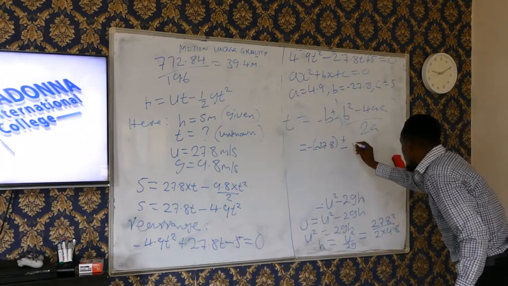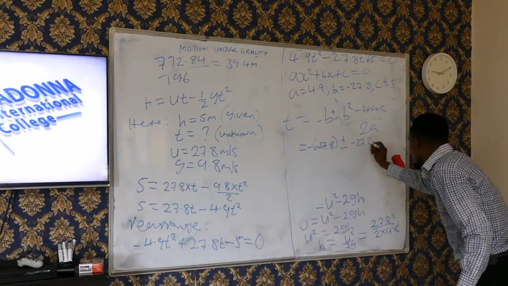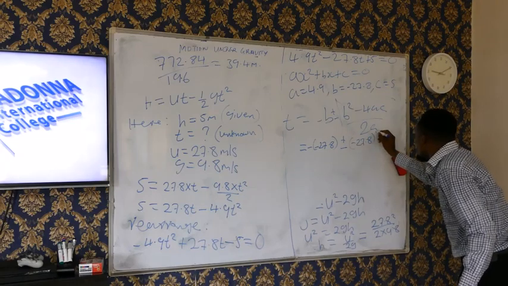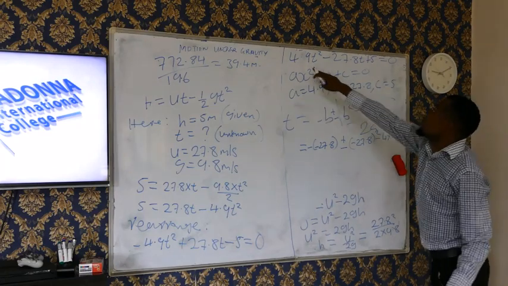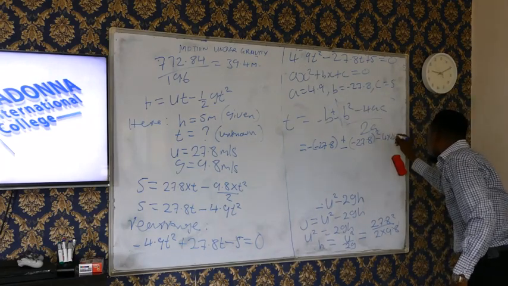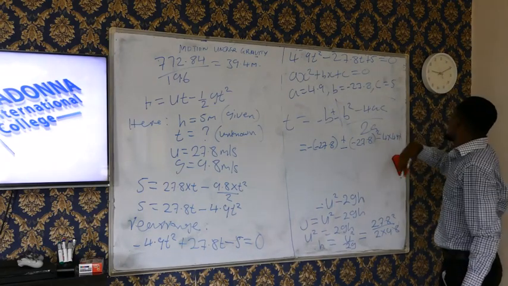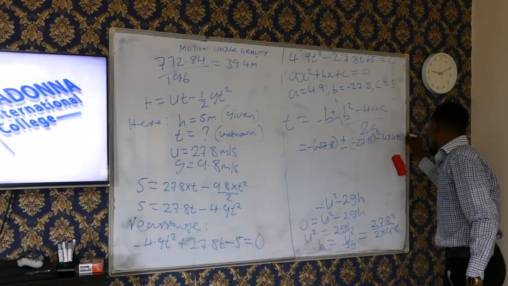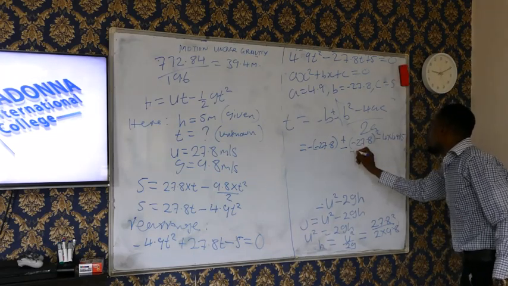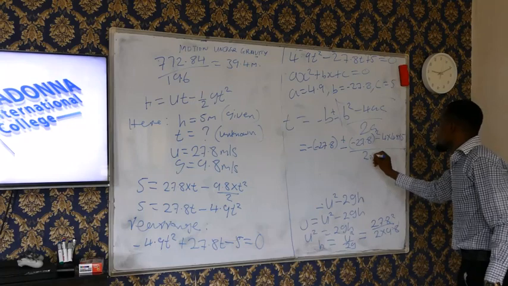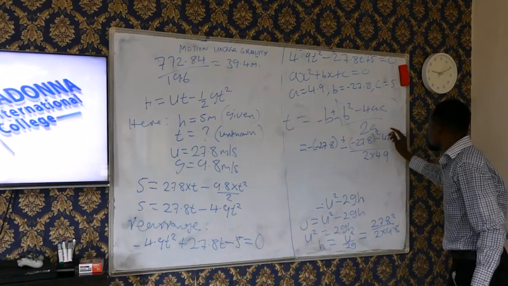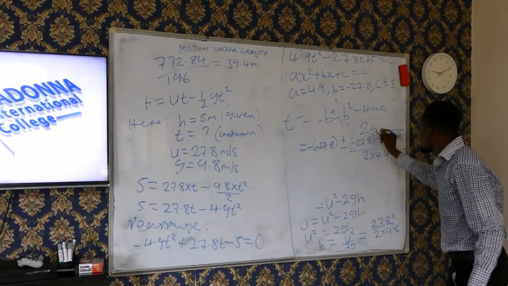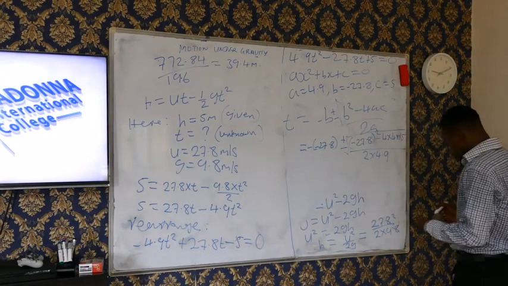Plus or minus 27.8 all squared minus 4 times a, which is 4.9, and of course c is 5, all over 2 times 4.9. Remember, it's all under the square root.